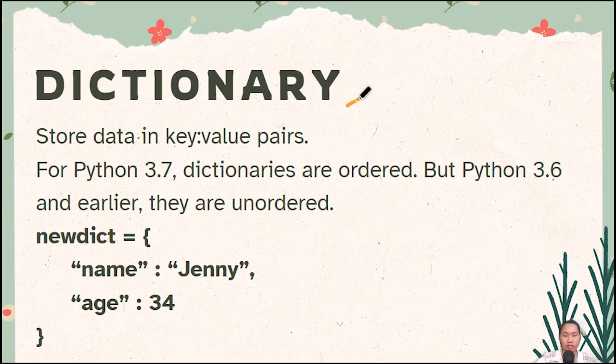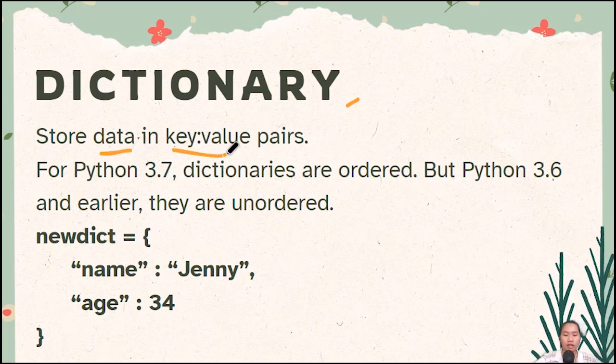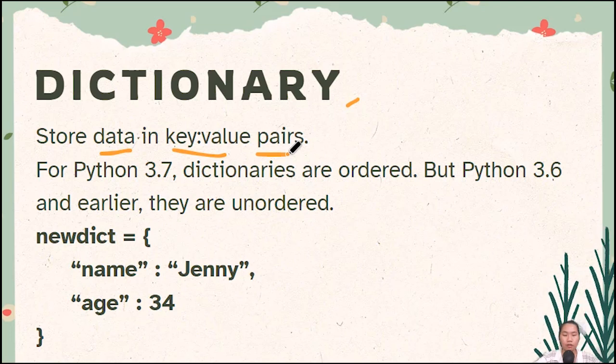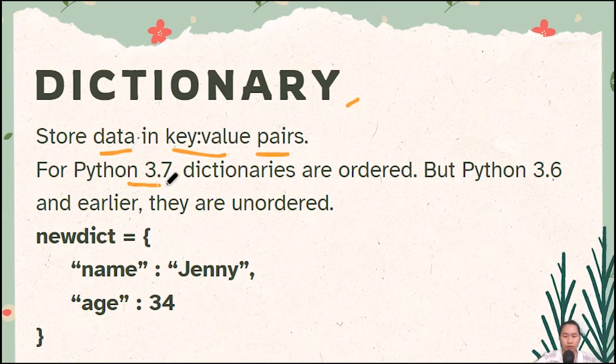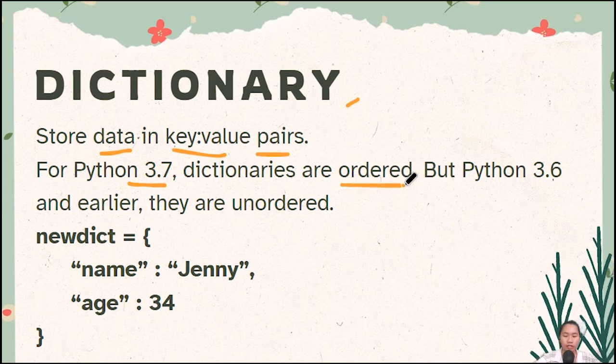A dictionary is a data type that stores data in key and value pairs. So that is your syntax right there. However, I do want to put a little disclaimer for Python 3.7. Dictionaries are ordered, aka you can refer to its items via index.